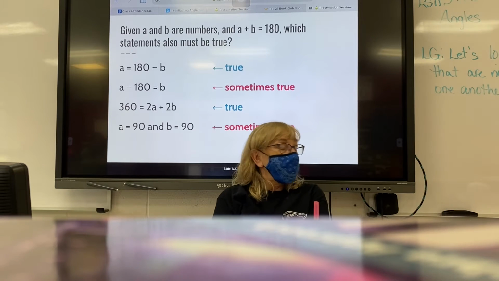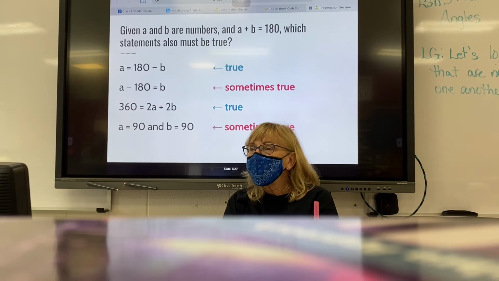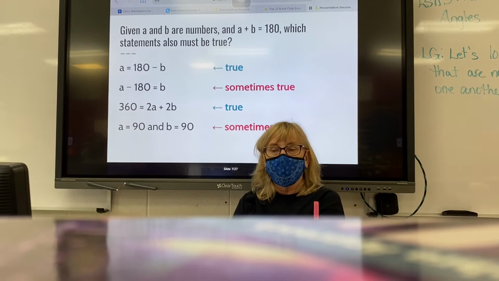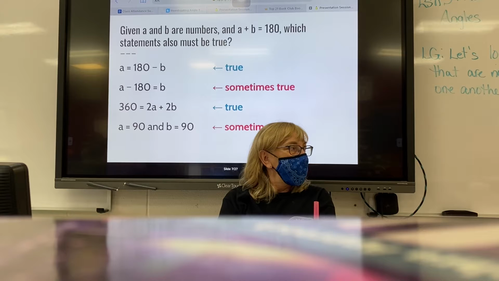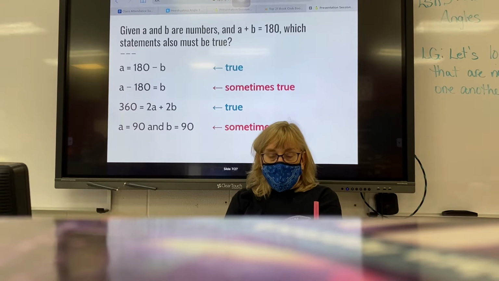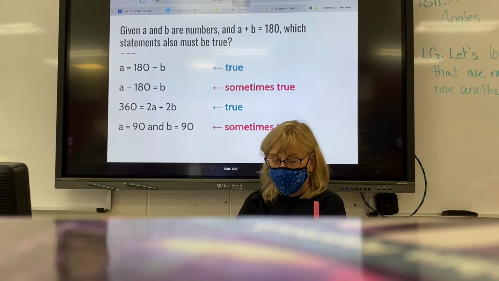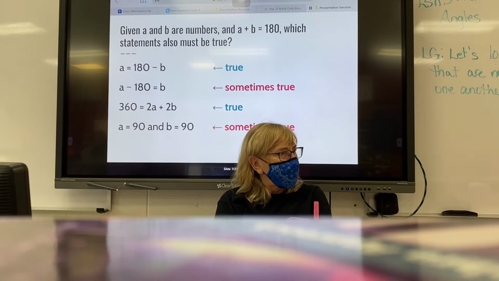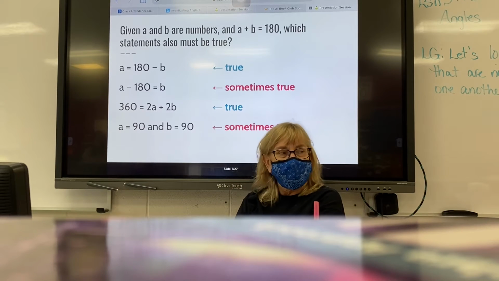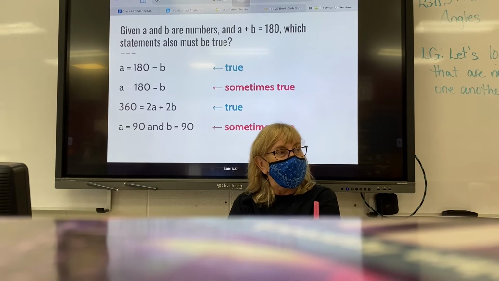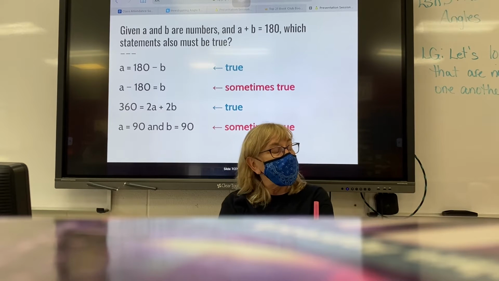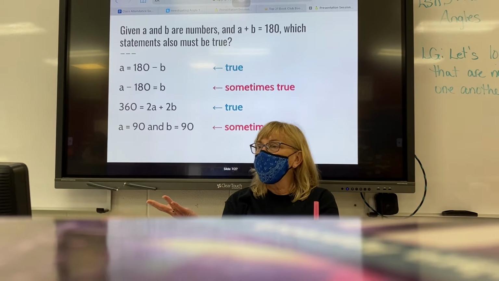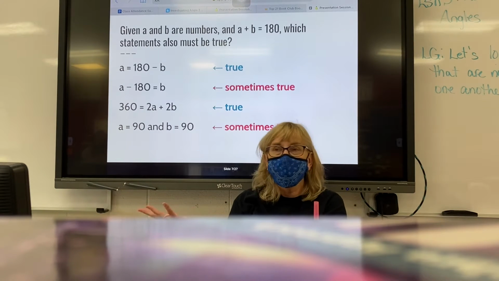Why is the last one sometimes true? Liam? Never mind. Okay, Liam, why is the last one sometimes true? Any idea? Makata? The reason why the last one is sometimes true is because that can be both A and B, but it's not always A and B, because A could also be 0 and B could be 180.